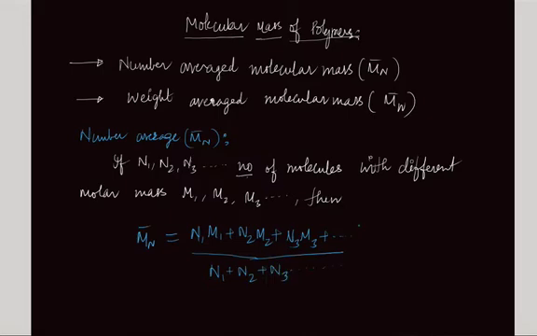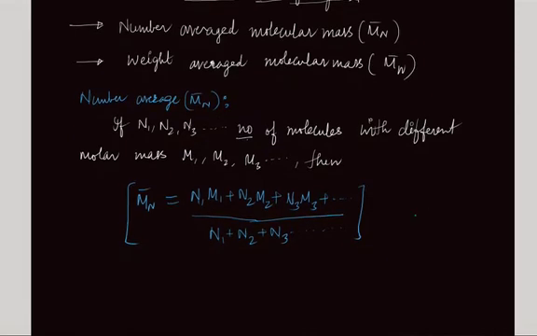So you could see this is more of an average. We have n1 molecules of molar mass m1, n2 molecules of molar mass m2. This way we can have a polymer made, and we can find the average based on this particular data. So this is how we can calculate the number average molecular mass.